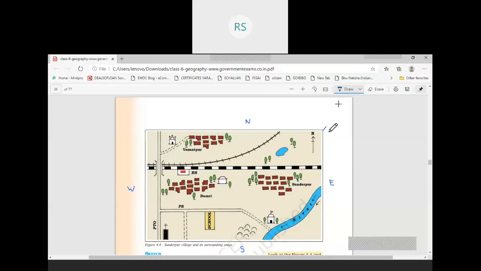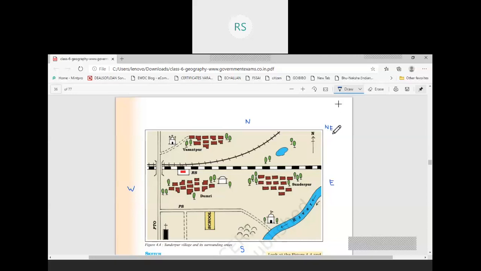Okay, so this is northeast. I'm writing it because it should always be in your mind. There should not be any kind of confusion regarding this. Okay, so this is the direction northeast.